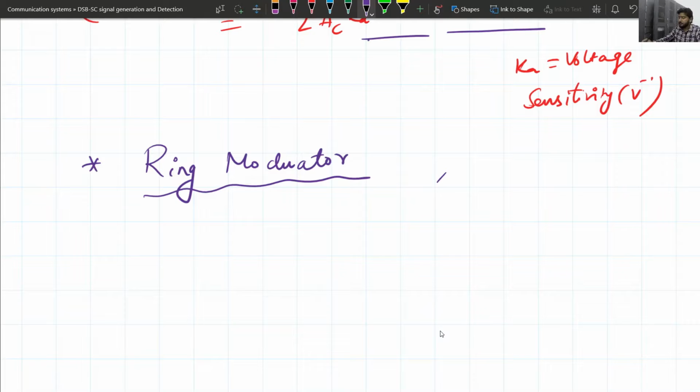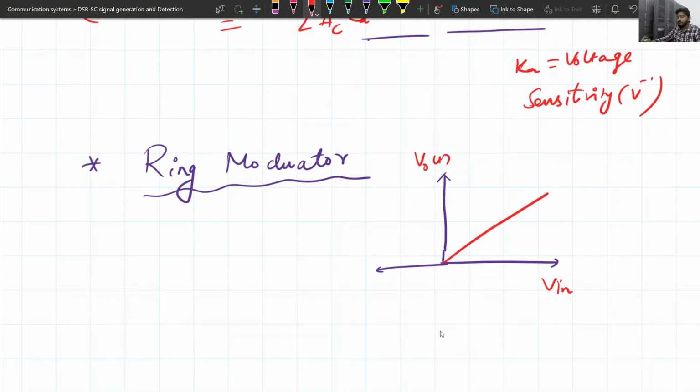You know that the diode's switching characteristic is simply given as, if V0 is the output, the input-output characteristic. In forward bias it acts as a switch, that is, the diode acts as a switch.